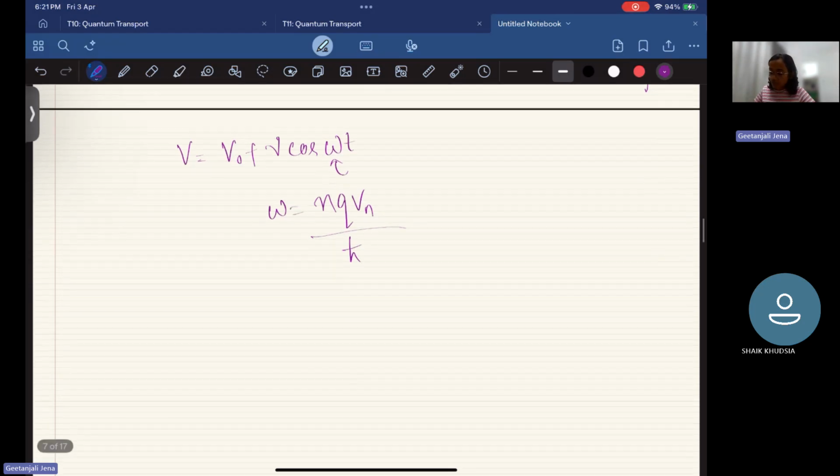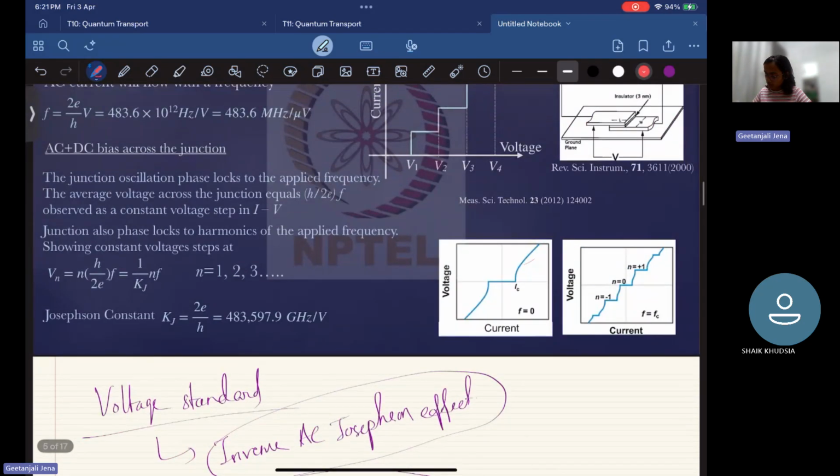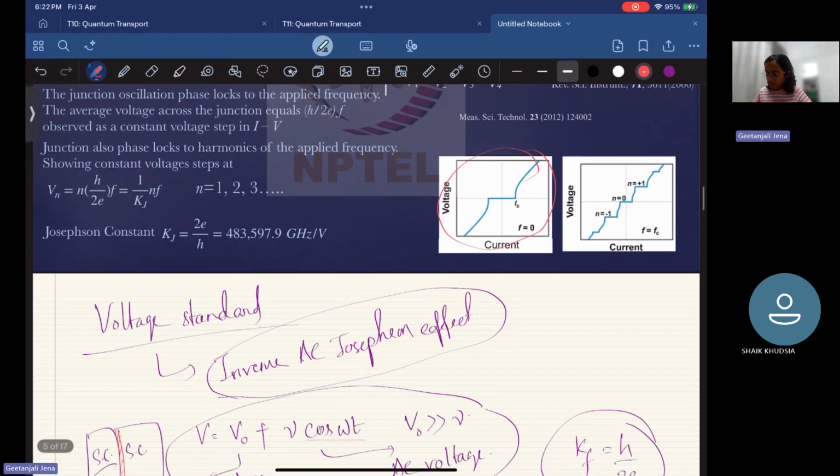So let us see the plots first. If you recall, whenever there is only DC voltage, the IV characteristics show a graph somewhat like this. Yes, this is the plot for when the frequency is zero, so we are just applying the DC voltage.